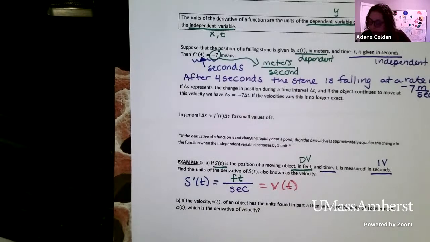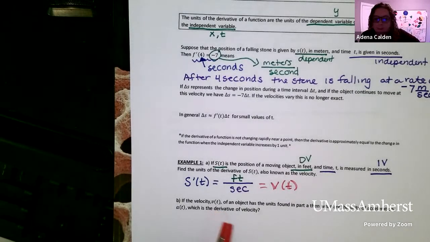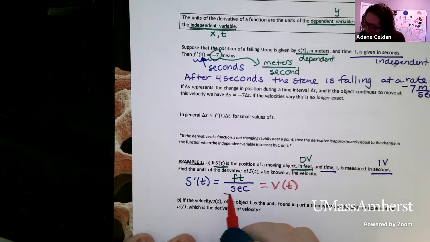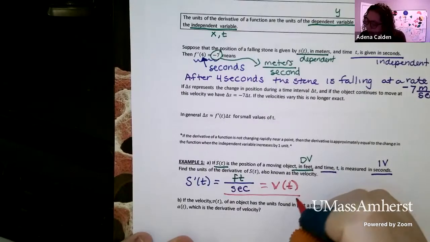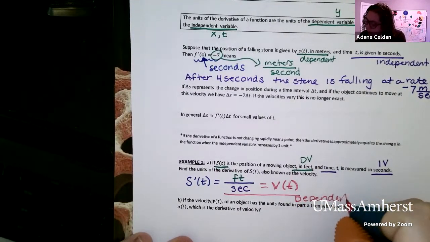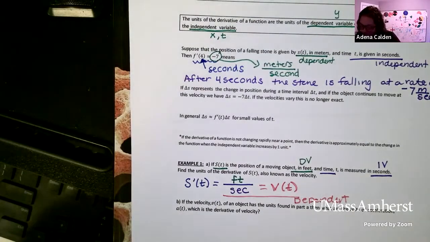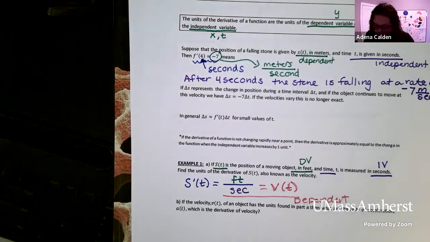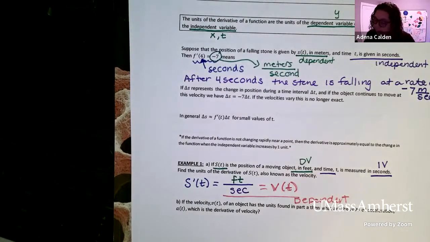So part B says if the velocity, v of t, of an object has the units found in part A, so the units of velocity are in feet per second, so that is the dependent variable here, then what are the units of acceleration, which is the derivative of velocity?